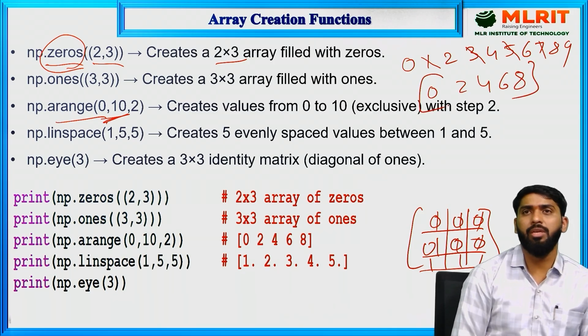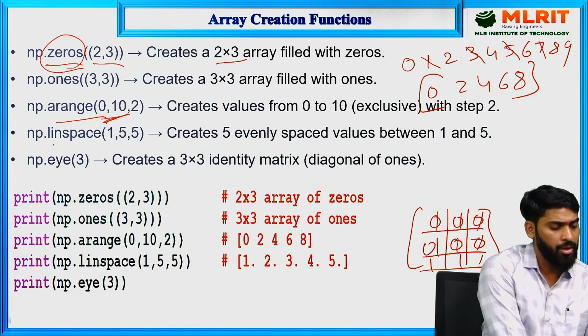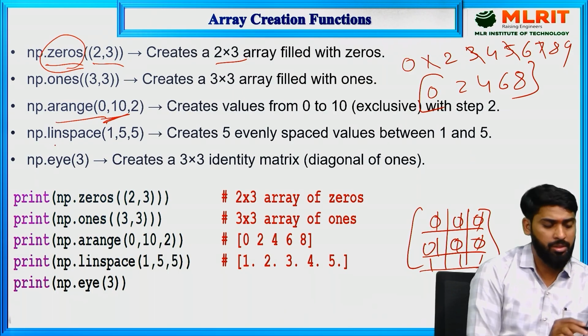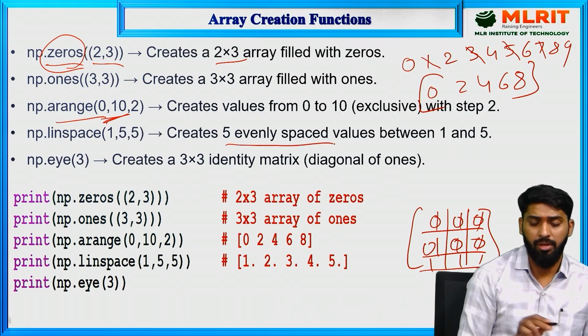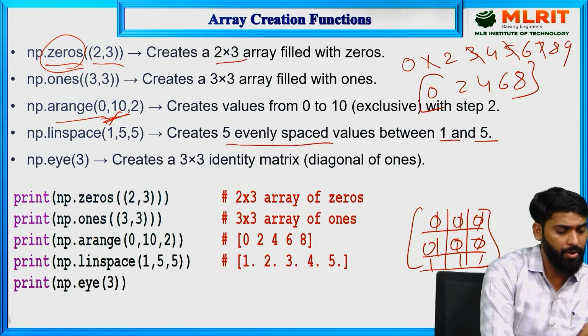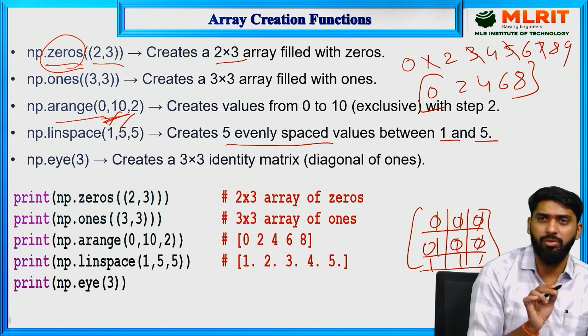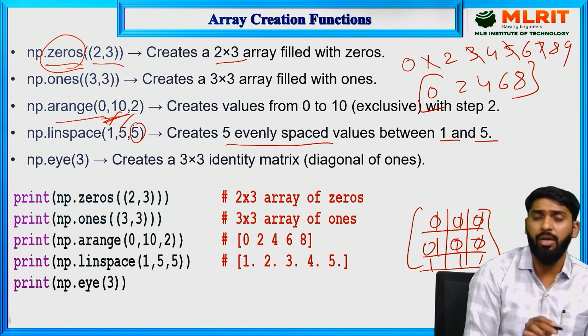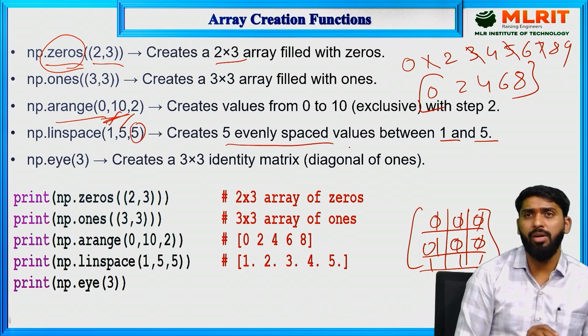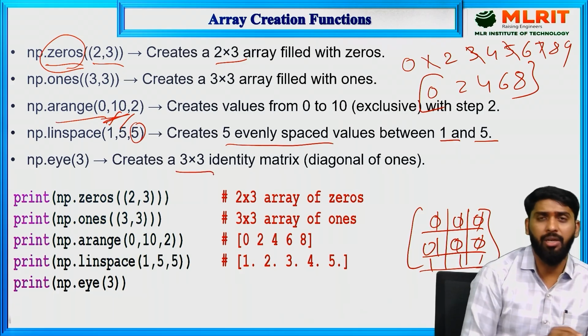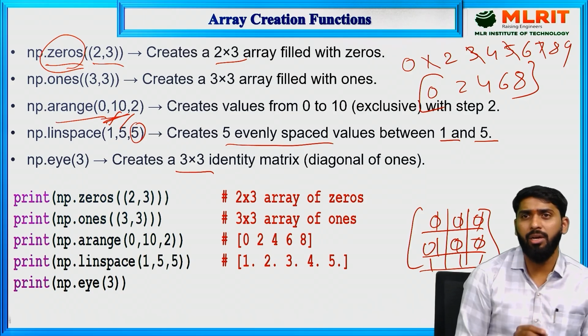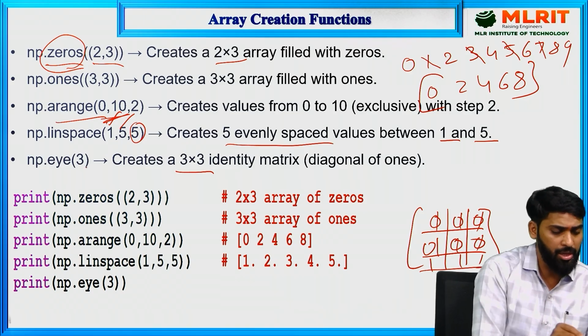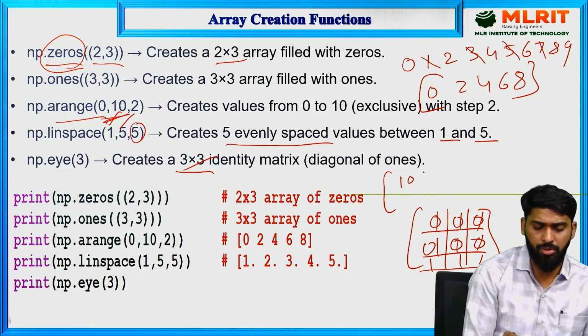With these values, it creates one array. np.linspace(1, 5) means it creates 5 evenly spaced values between 1 and 5. Here it will create evenly spaced values between 1 and 5. Then np.eye(3) creates a 3 by 3 identity matrix, diagonal of ones. For example, here I am specifying 3 by 3. So it creates 1 0 0, 0 1 0, 0 0 1.